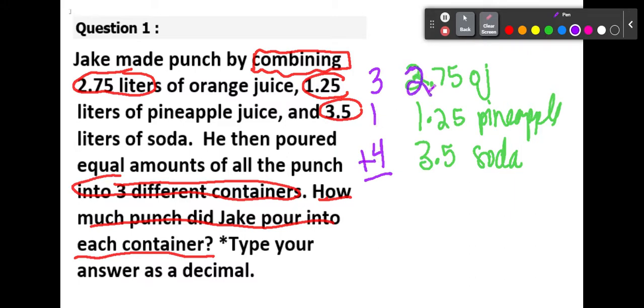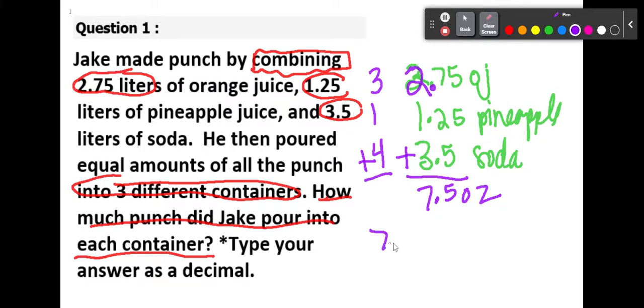This is make a simpler problem. But now we're going to go back to our original numbers to see how many combined ounces there are altogether. All right, so on my calculator, 2.75 plus 1.25 plus 3.5 gives me 7.5. So that's how many total ounces there are. And now he wants to divide it into 3 different containers equally.